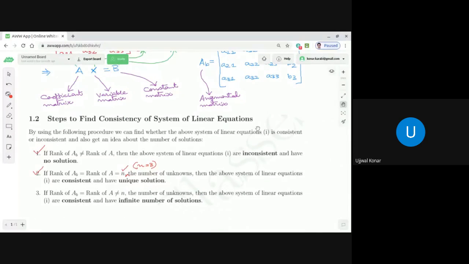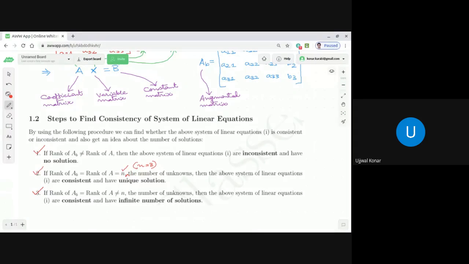Okay. Now, if the rank of the augmented matrix is equal to the rank of the coefficient matrix, but it is not equal to the number of unknowns, then we can say the system of linear equations is consistent but has an infinite number of solutions. So what is meant by consistent? Consistent means it has a solution.